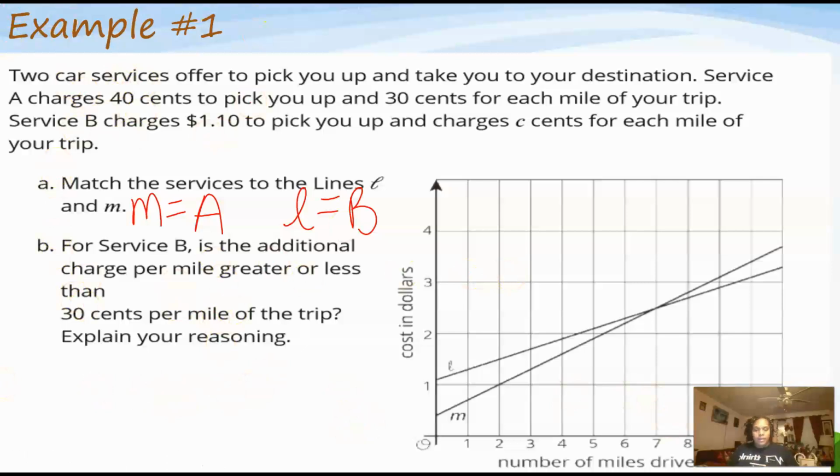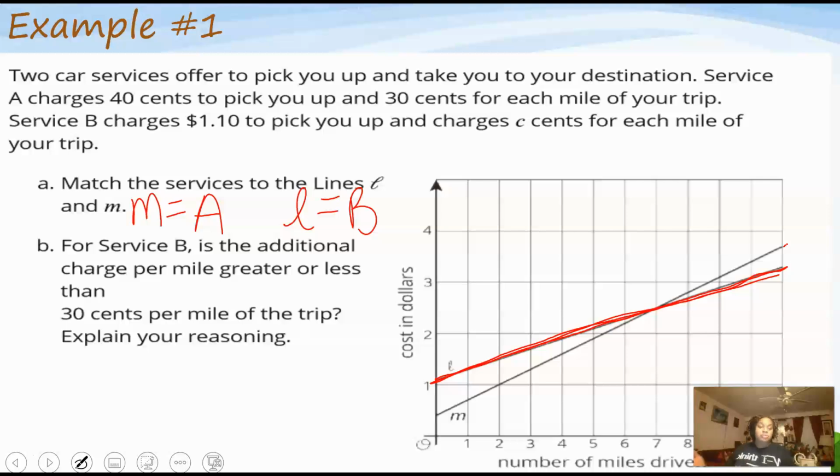So for service B, is the additional charge per mile greater or less than 30 cents per mile? Well, let's talk about it. Company B, which is line L, ends up becoming less. The more you travel, it ends up being less than line M. However, if you do not travel a lot of miles, it's still more money. So what can you say about that?